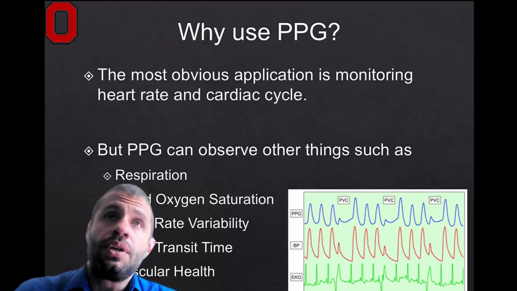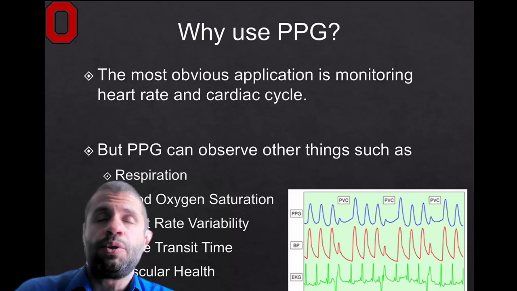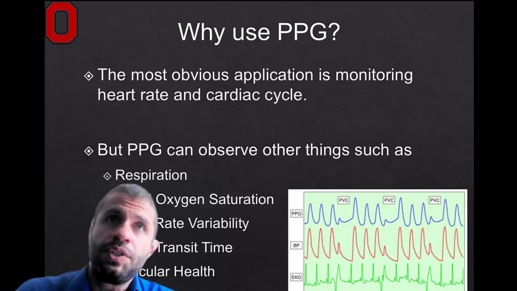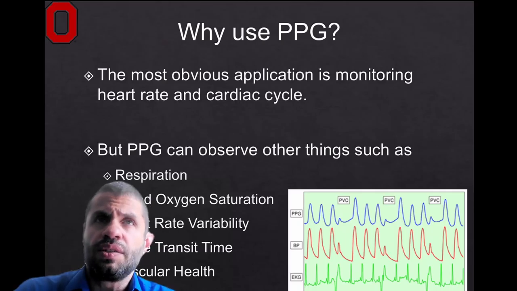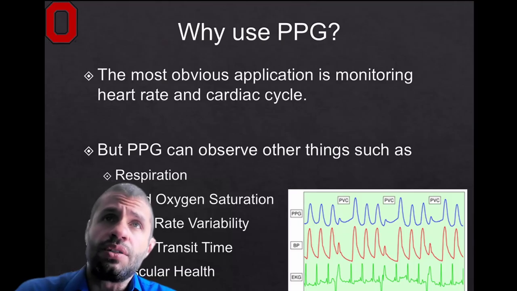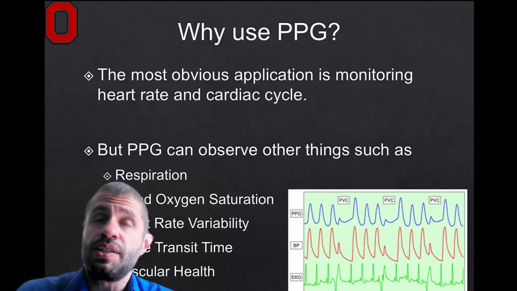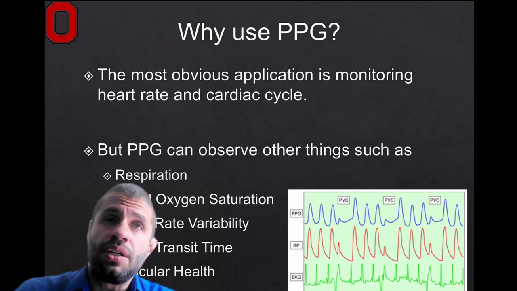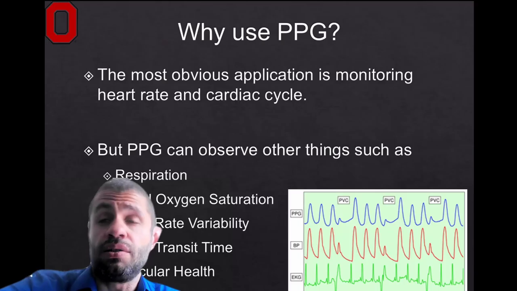You can even, with that beats per minute that you can extract with PPG, test things like heart rate variability, if there's some type of clinical condition that is causing heart rate variability, as well as pulse transit time, which is that interval time, as well as general things on vascular health.